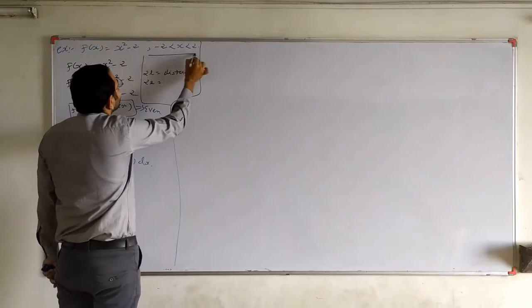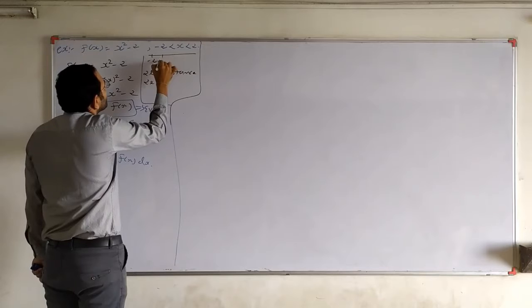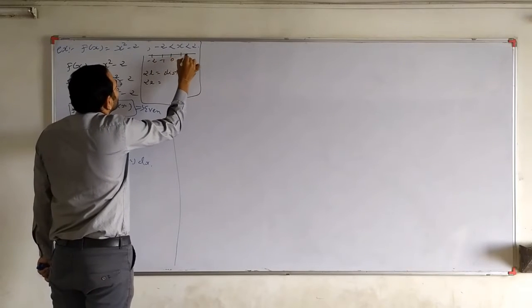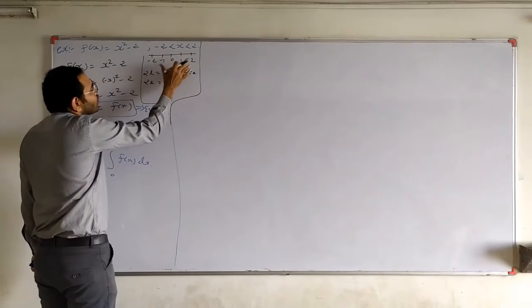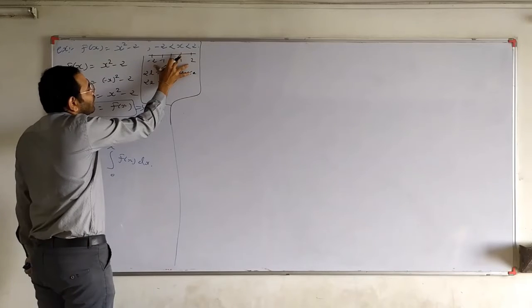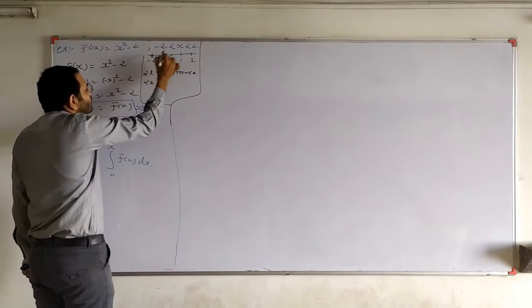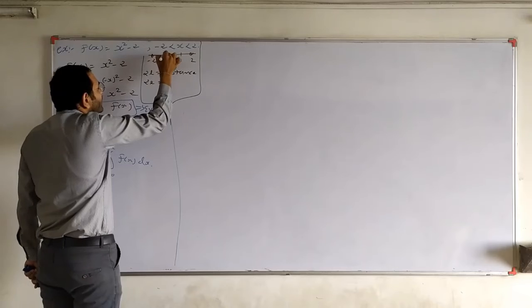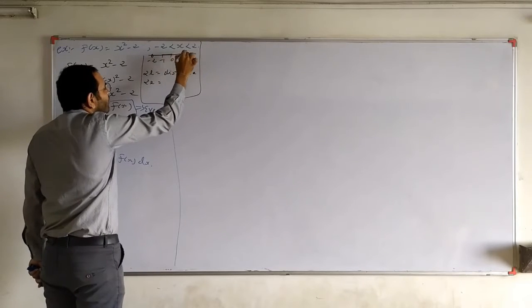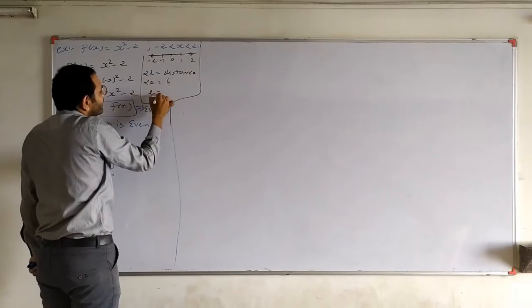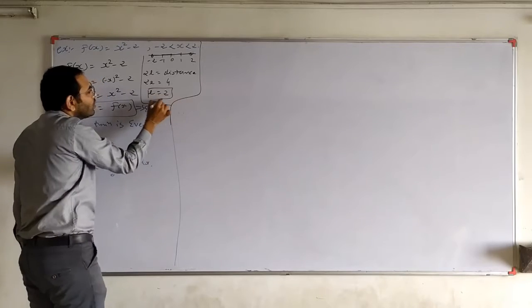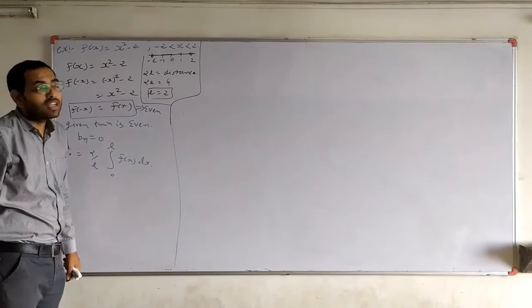On the line segment −2, −1, 0, 1, 2, the interval from −2 to 2 is 1, 2, 3 and 4, so 2L = 4 and L = 2.